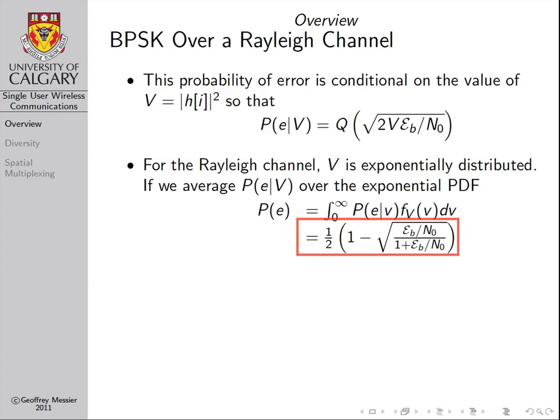Now, I'm obviously not showing the details necessary to do these simplifications. You can find these details in most communication systems textbooks, wireless textbooks, as well as journal papers. And this is in no way to minimize the importance of this mathematics.